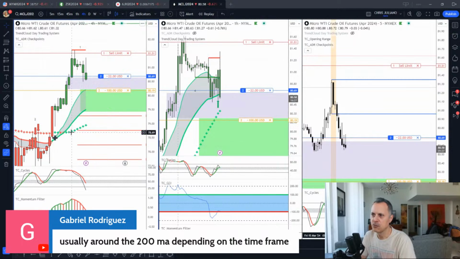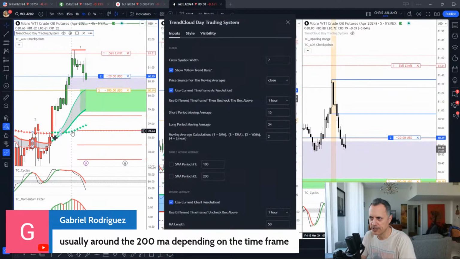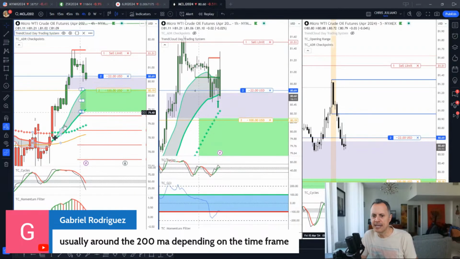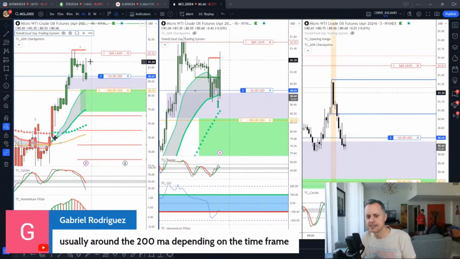And if you go to your Trend Cloud, double click onto your trend cloud, the one that's on the 4-hour chart, and click on 200 moving average. Okay. And you can also put the 100. I like to use the 200 and the 100 on the highest time frame.